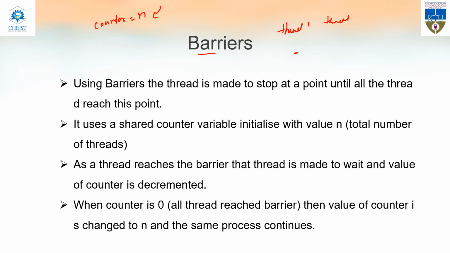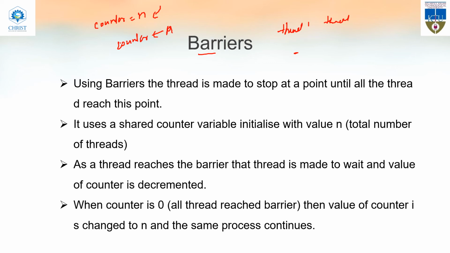Likewise, the first and second threads will be waiting till all the other n minus 2 threads get to that point. Until the counter reaches the value 0, the threads which have reached that point will be waiting. Only when the counter gets to 0, the counter will be initialized with n again and all the threads will get executed again.